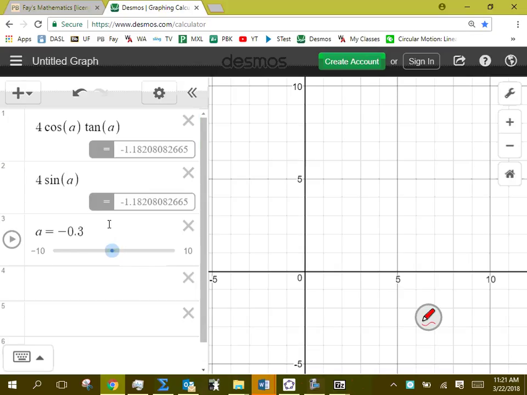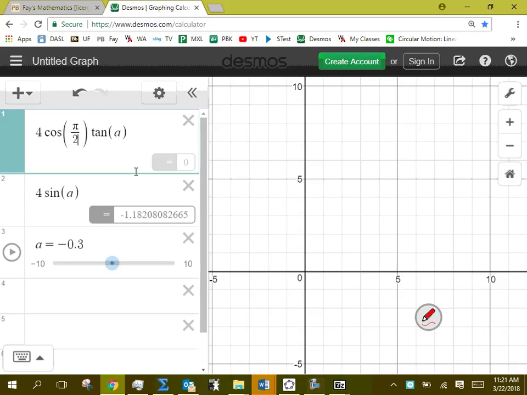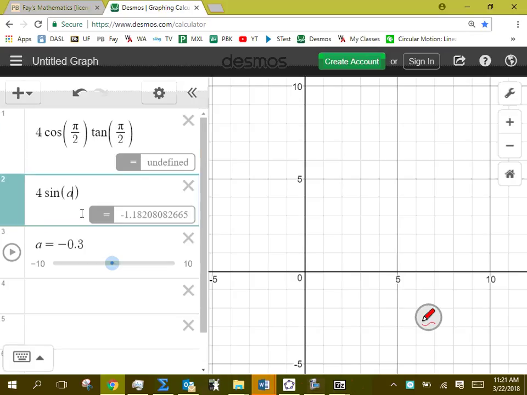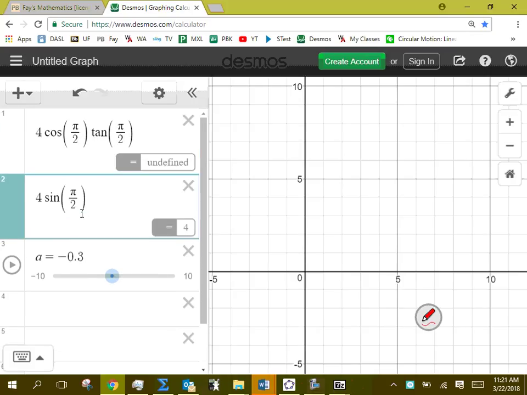Okay. Now let's just see what happens. Okay, so there we're getting an undefined value, right? Here we're getting the value of 4. And the reason for that is that when we started off, that tangent had division by 0 there, right?